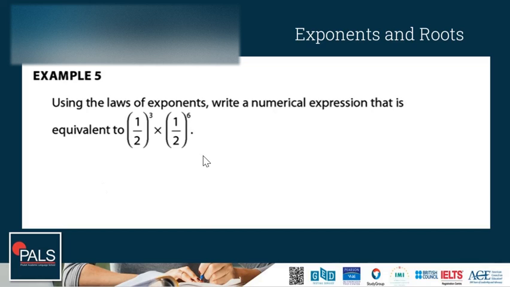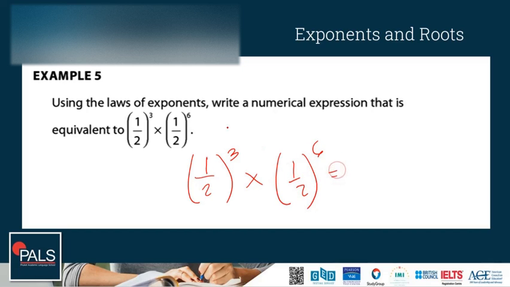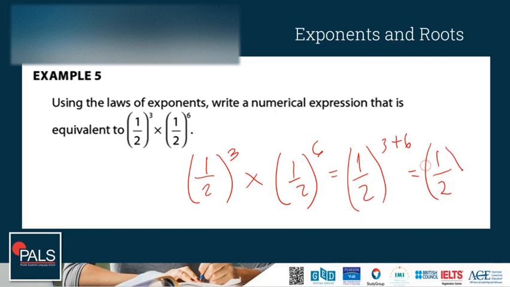So let's write it again: 1/2 cubed times 1/2 to the 6th power. Since the base fraction is the same, we can just add the exponents. So we have 1/2, 3 plus 6. So the answer is 1/2 to the 9th power.